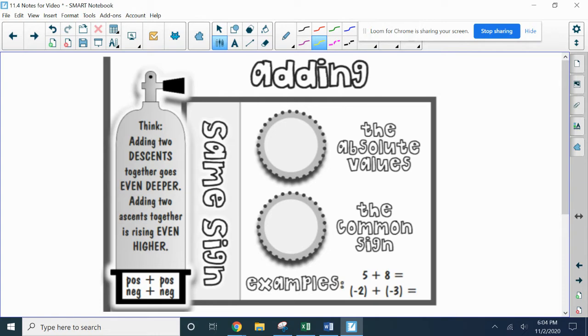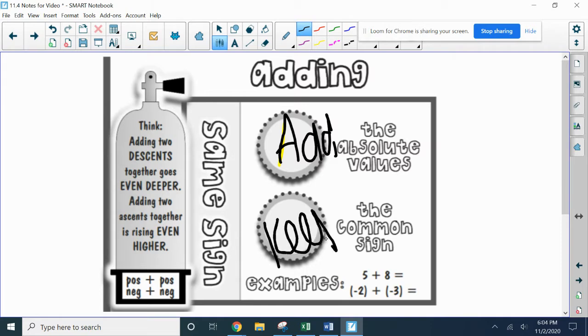So when we are adding and they have the same sign, you are going to add the absolute values. Let me change it to a color we can read now. Add our absolute values. What that means is you are going to add them and keep the common sign. So a positive plus a positive is going to give you a bigger positive.